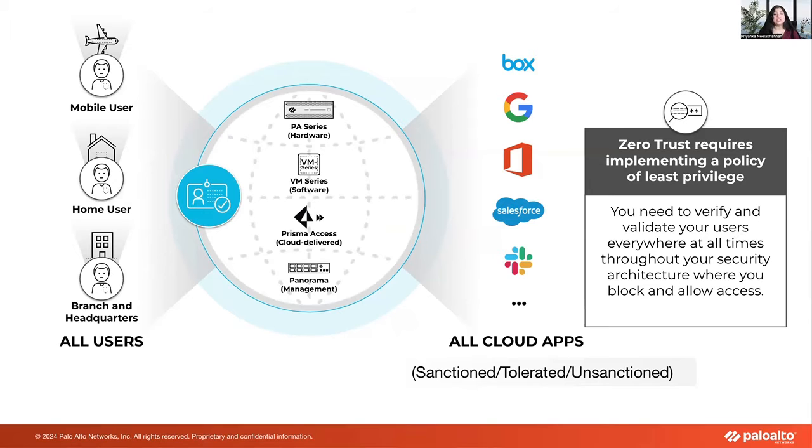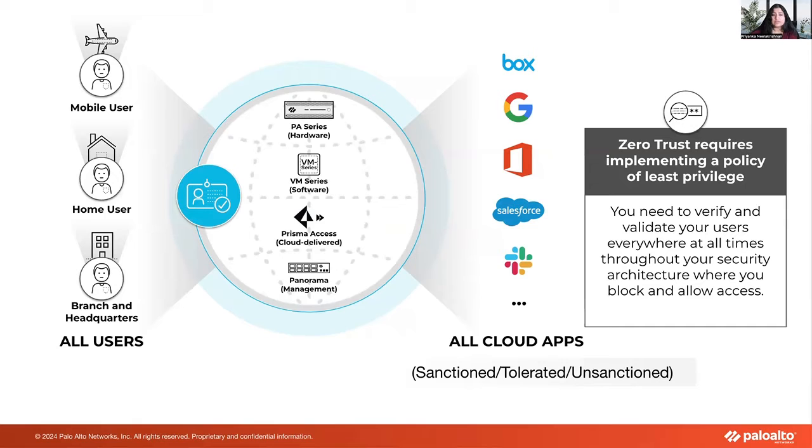Zero Trust shifts the focus from securing network perimeters to securing individual data assets and resources. This means implementing security controls based on identity, device health, location, and other contextual factors, regardless of where the user or device is located.